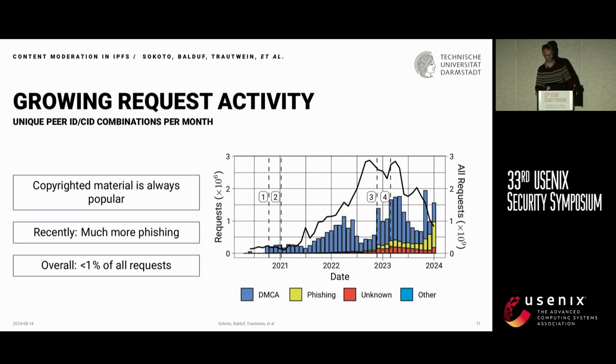And this seems to continue this trend. The big line that's also indicated there is the requests we see overall. You can see that it somewhat follows the trend, but there seems to be more phishing going on than requests overall. In general, it's not that much. So we see that less than 1% of the requests we see overall are for blocked content, but it's definitely happening.